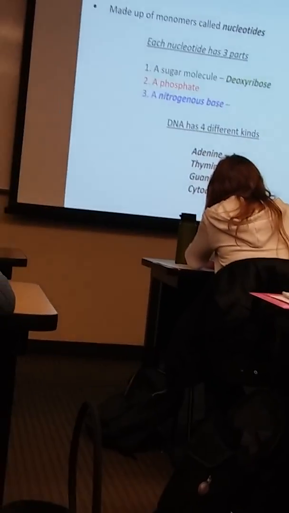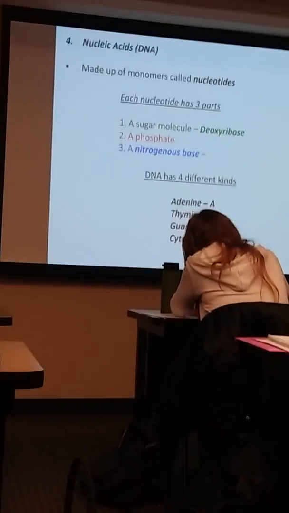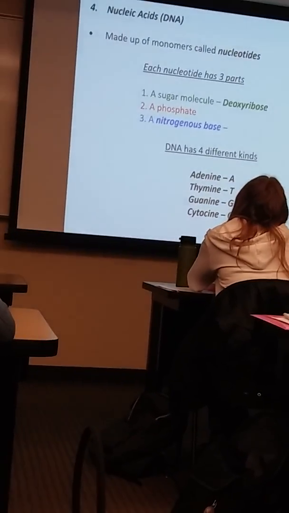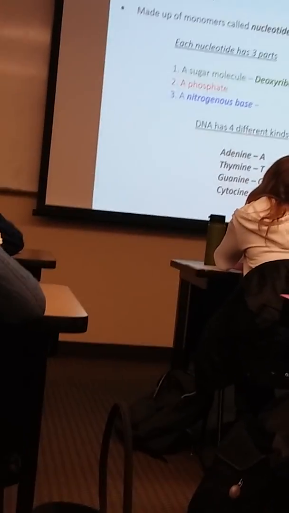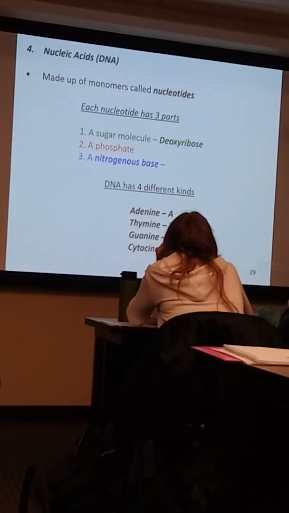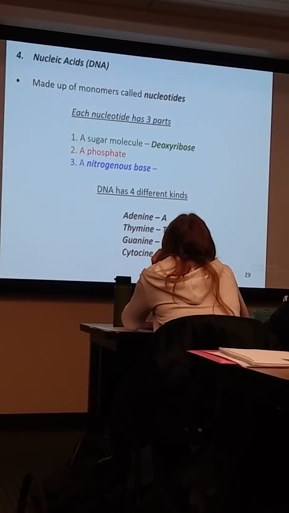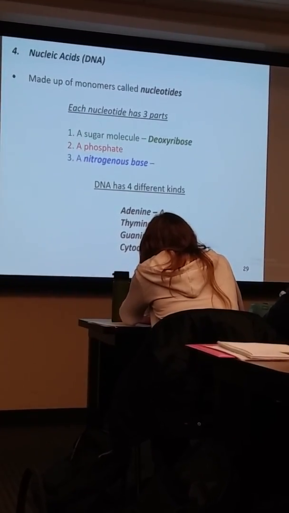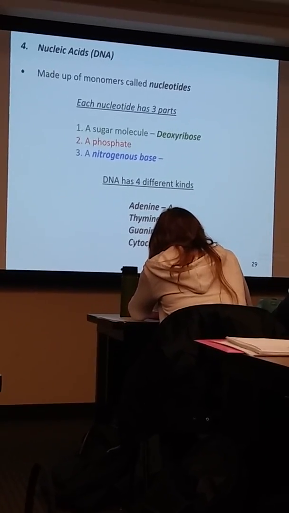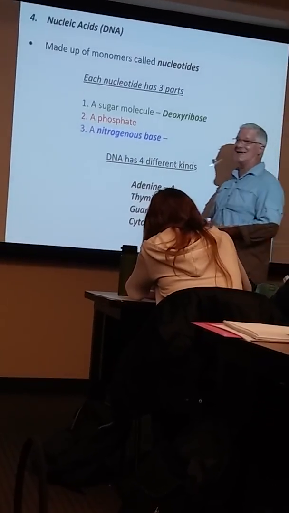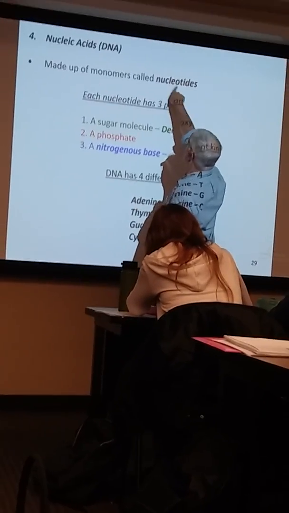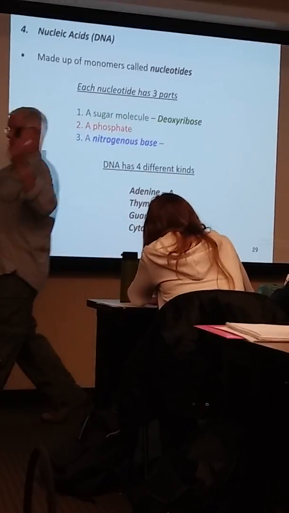So you have DNA and you have RNA. And we're going to learn how you make both and what each of them do over the next several days. All right, so RNA and DNA are big polymers. That must mean they have monomers. All right, well, what is the monomer of nucleic acids? It's called a nucleotide. Whatever that is, they're made up of them.